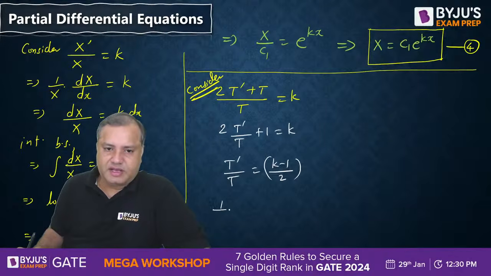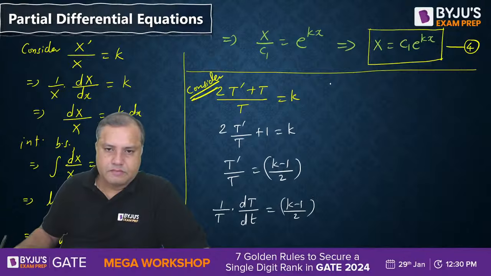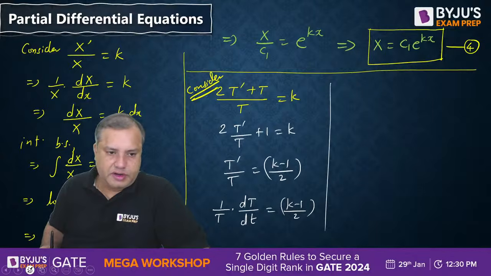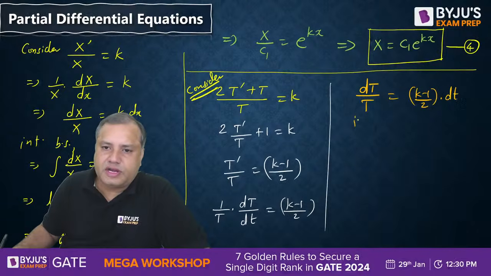So 1 by T, and T dash is dT upon d small t. Now separate the variables. So dT upon T equal to k minus 1 by 2 into dt. Integrate both sides.